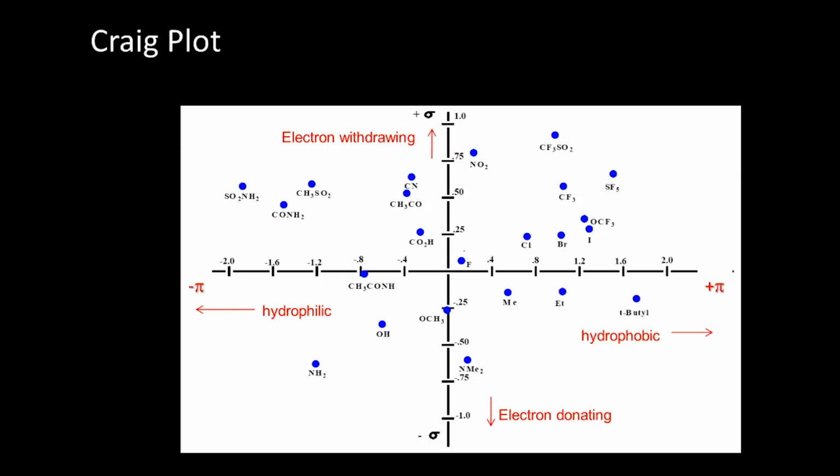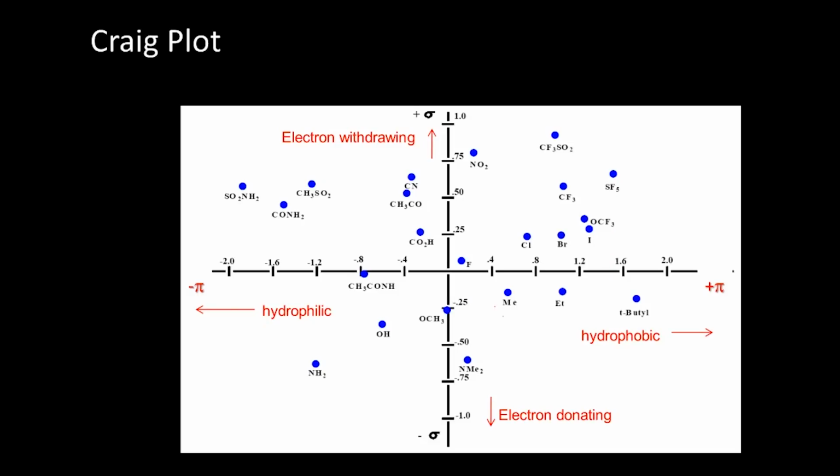Positive sigma, positive pi. This is negative pi, negative sigma. So different substitution groups, as you can see, NO2 falls here. It's got a very high electronic and very low pi. If you look at fluoro, very low sigma and pi. If you look at the SF5, sulfur with 5 fluorines, it's got high pi as well as reasonably high sigma.